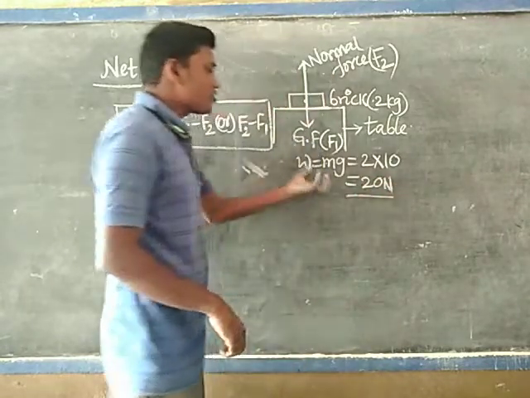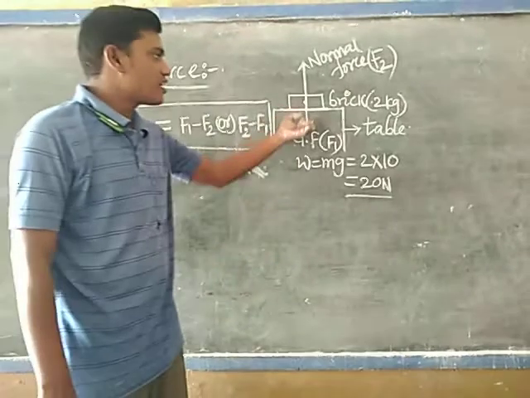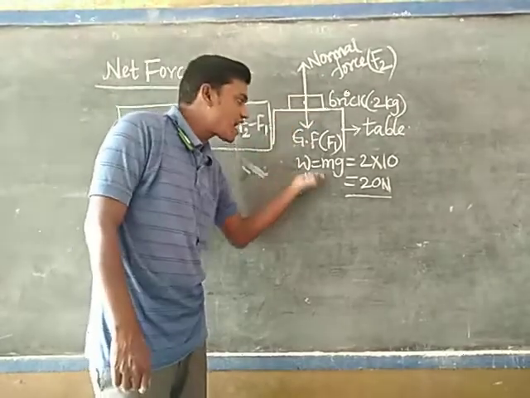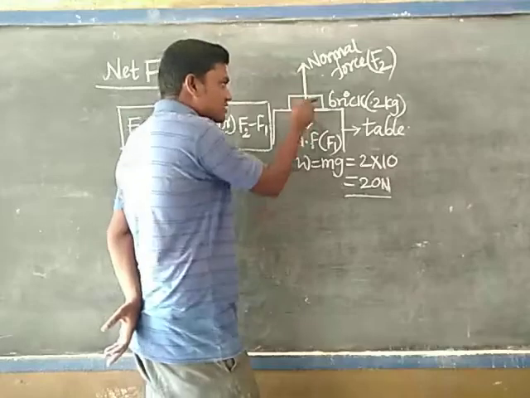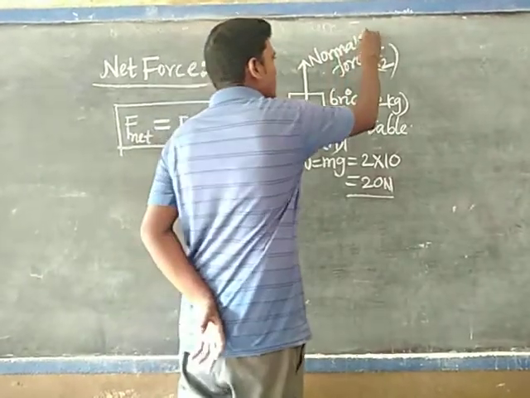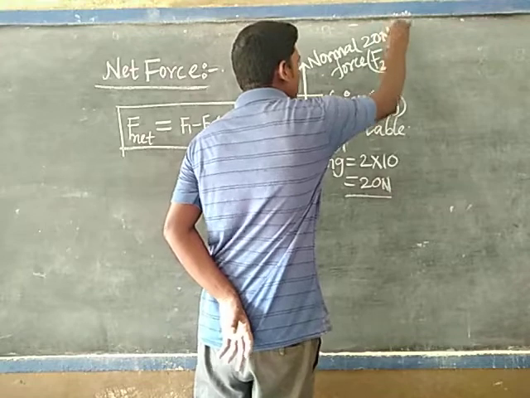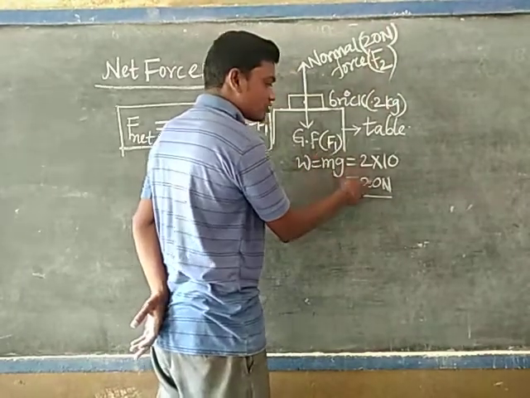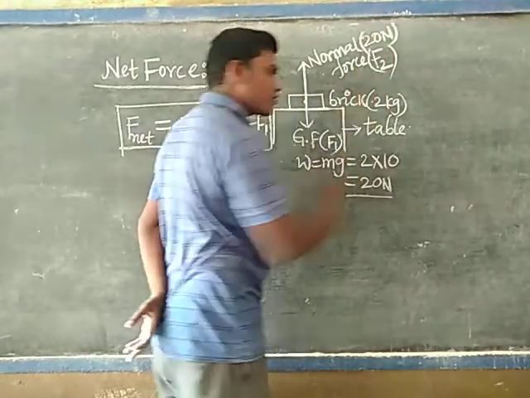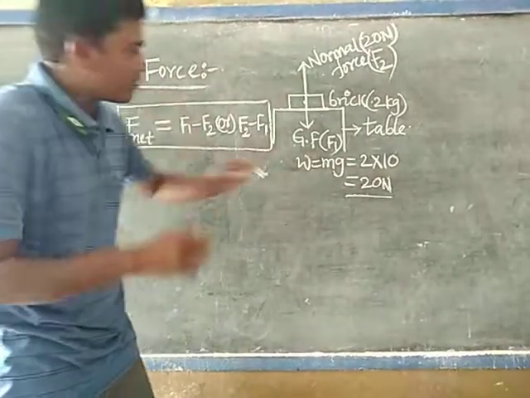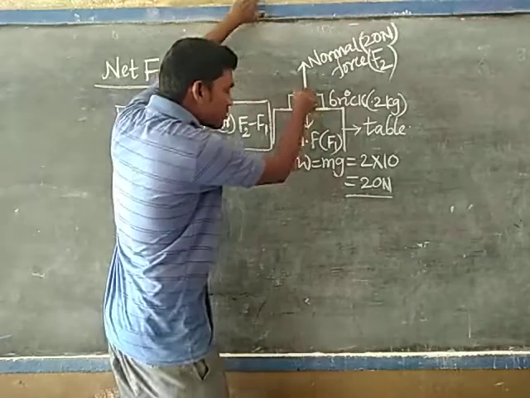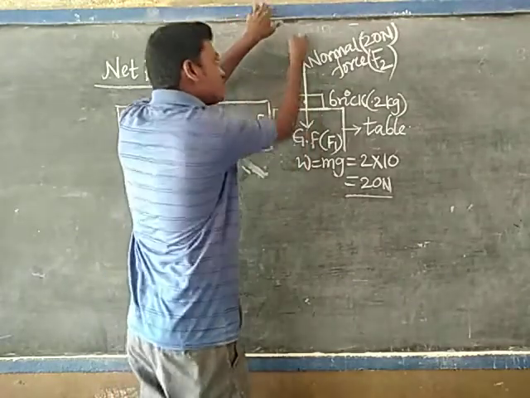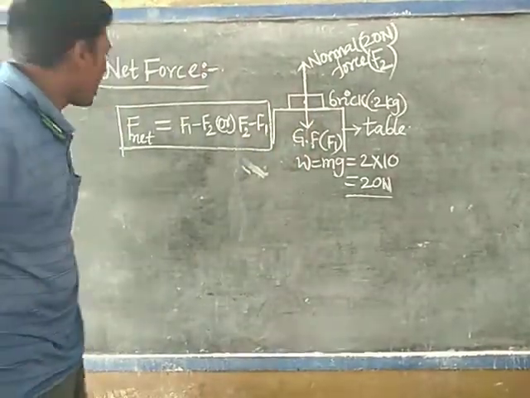That means the brick is pulled by the earth with 20 Newton of force. But the brick is at rest, so what is the normal force? The same 20 Newton. So F1 is 20 Newton and F2 is also 20 Newton. The magnitudes are equal, but the direction is different: gravitational force is downward and normal force is upward, so the directions are opposite.